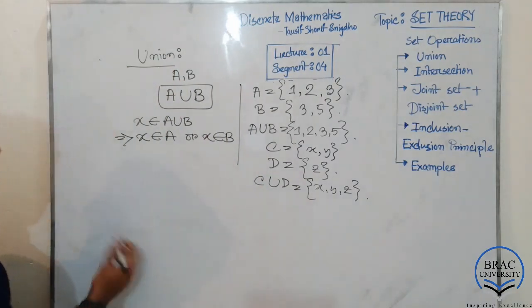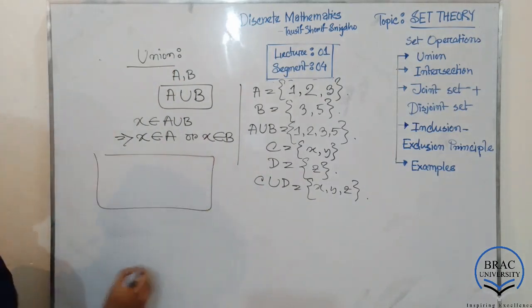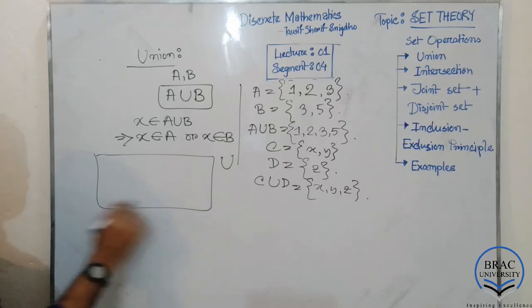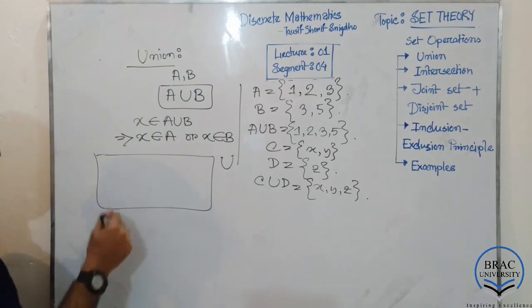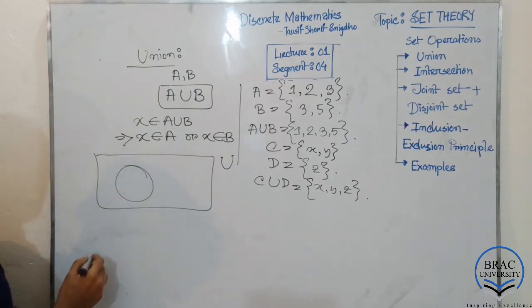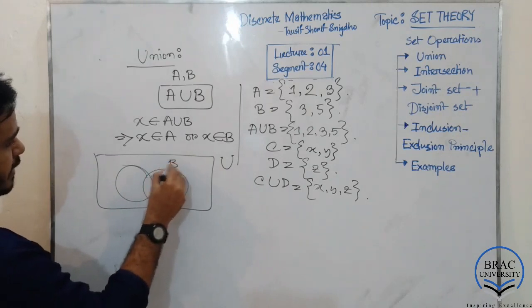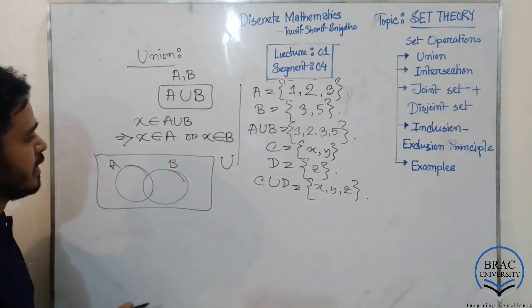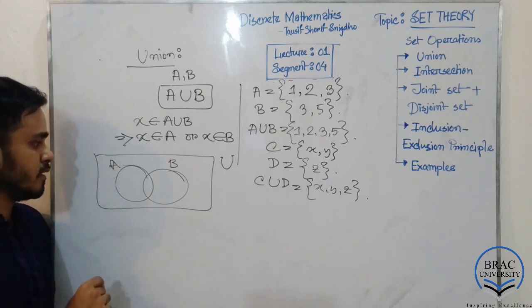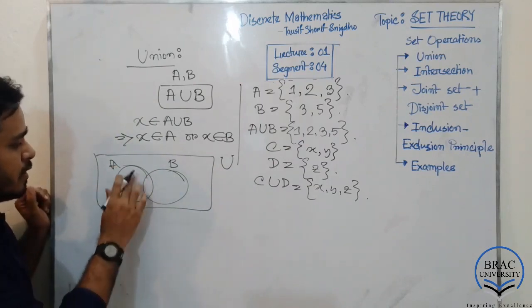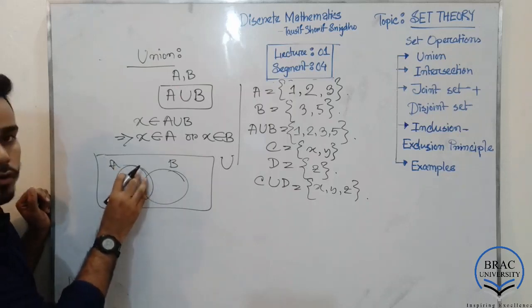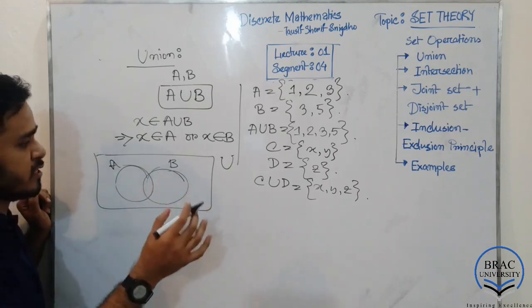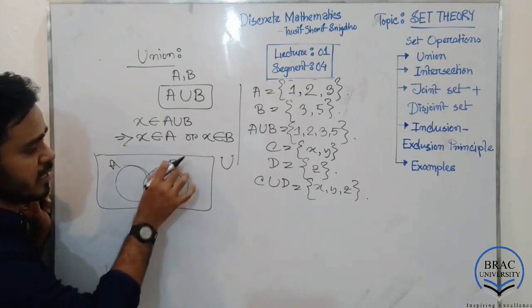If we want to see the Venn diagram representation of the union operation, what will it look like? As you know, the universal set is graphically represented by a rectangle. Here, we are considering two sets A and B. So set A will refer to a circle, and here this is another circle. This is set A and this is set B. As we can remember, circle A refers to the region where all of the elements of set A belong, and circle B refers to the region where all of the elements of set B belong.